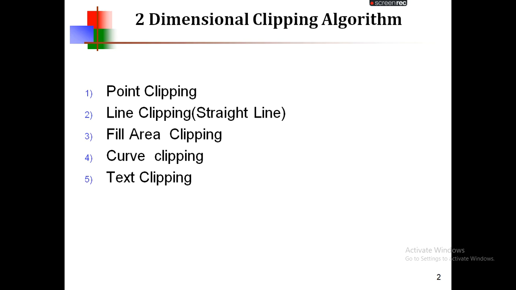Now we would like to apply clipping algorithms only on these three geometrical primitives: points, lines, and polygons. But curve clipping and text clipping are not in our syllabus. So let's begin with how to perform clipping on a point, on a line segment, and on a given polygon.